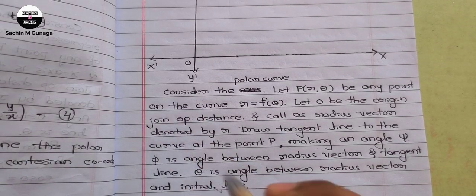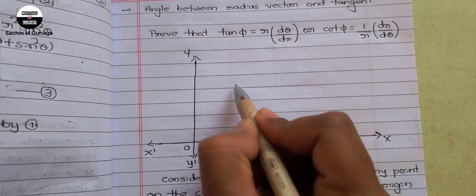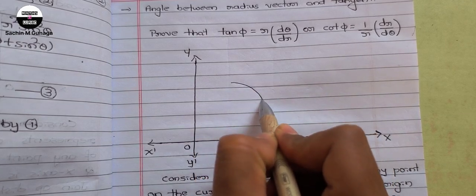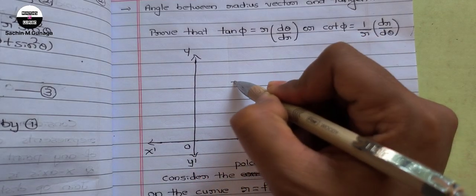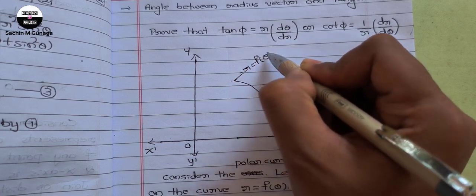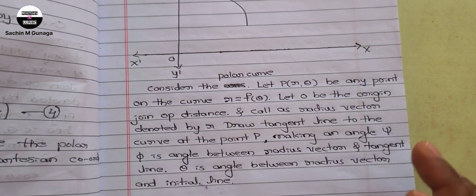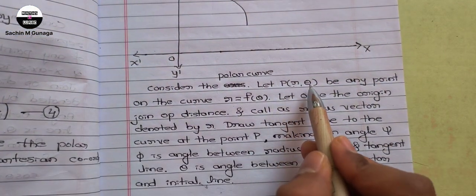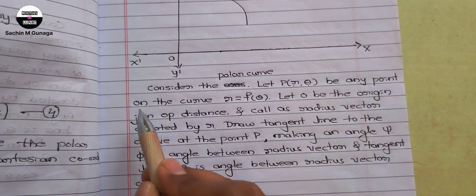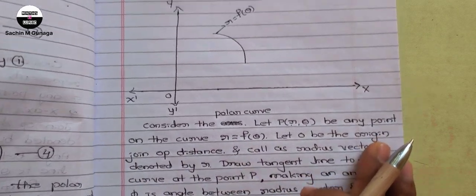First, consider a polar curve. So here I am going to consider one polar curve, that is r is equal to f of theta. Next, let P in bracket r comma theta be any point on the curve r is equal to f of theta.